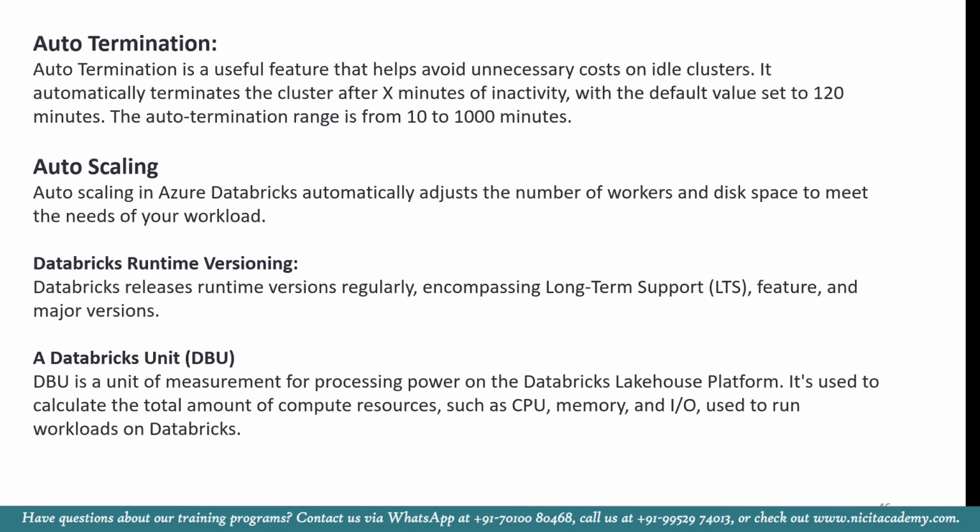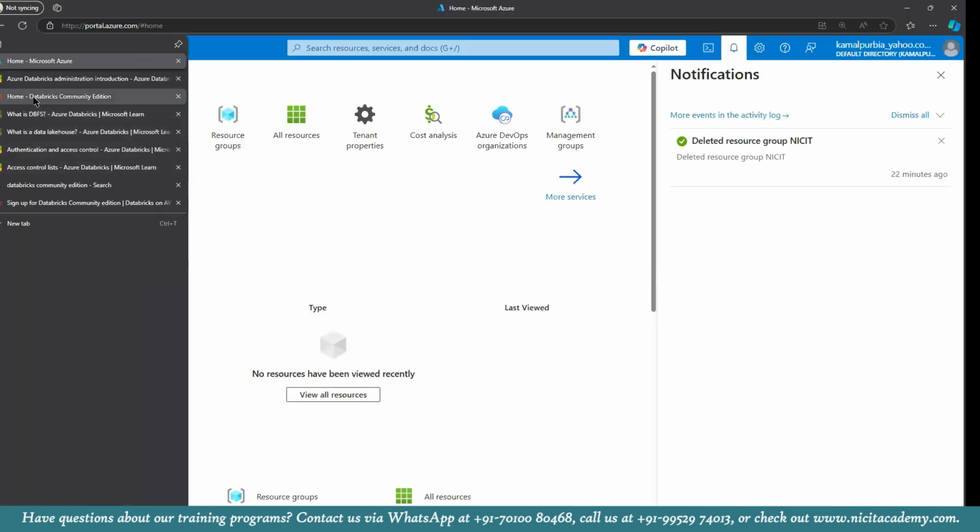Let's understand from the cluster point of view, when we are creating the compute power, what features are available. The first one is auto termination. When we are creating the cluster or using the cluster resource, it has an auto termination feature available. I'll quickly show you as well.